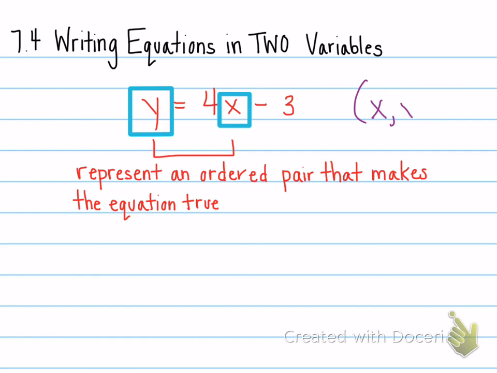So we know that we are going to plug in for our x value and then solve for y in this case. And we would be able to graph it on a coordinate grid because of the x and y axis. So let's say, for example, I give you the ordered pair 4, 12.